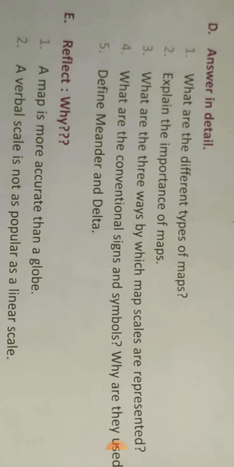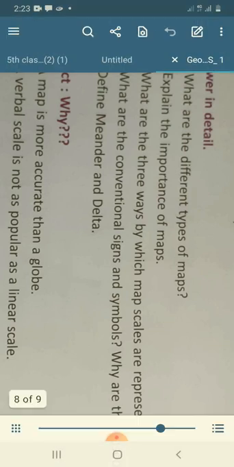Then next question. What are the conventional signs and symbols? Why are they used? Let's see the answer. Conventional signs and symbols are one of the most important features of a map. A variety of colorful signs and symbols are used to show natural and man-made features on maps.